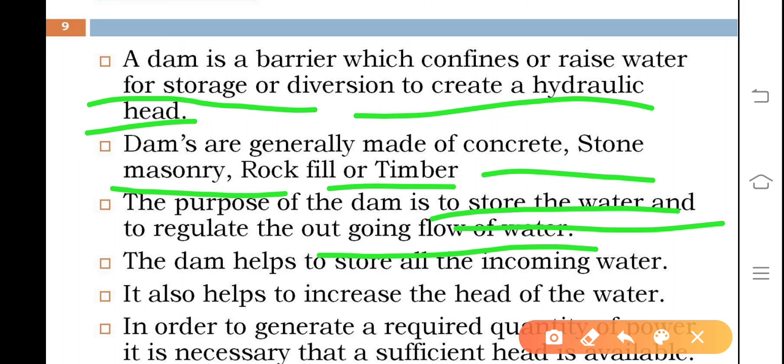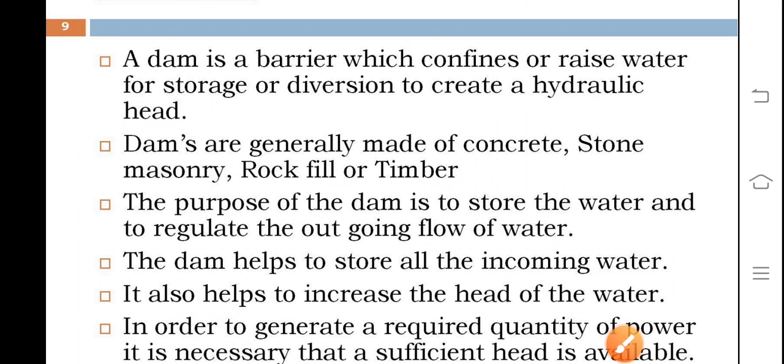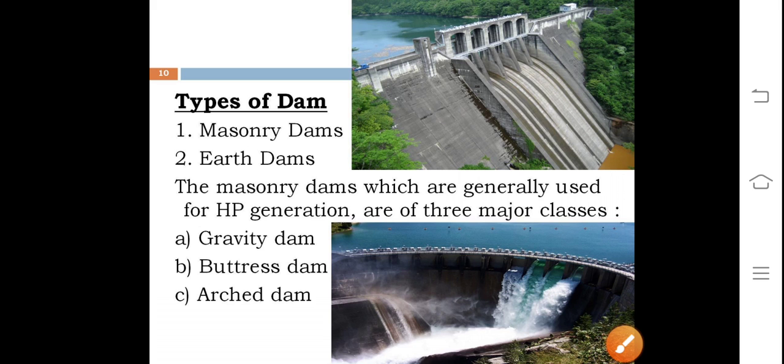The dam helps to store all the incoming water. It also helps to increase the head of water. In order to generate a required quantity of power, it is necessary that a sufficient head is available, which is quite important.